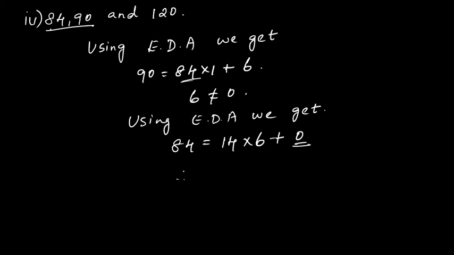So therefore HCF of 84 and 90 is 6. So this is your HCF value of 84 and 90. Use this value and 120 and then find the HCF.